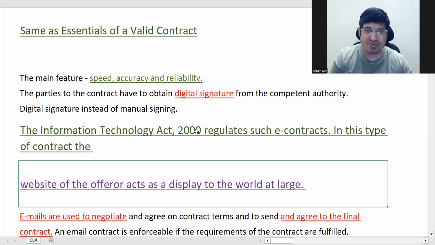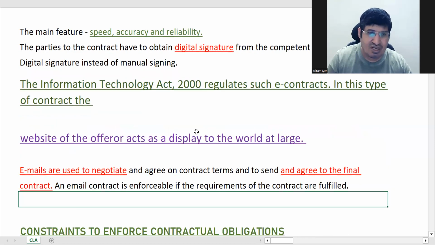In Amazon, the website is the display, and that itself is the offer. The Amazon person is not coming to you personally and saying buy this. When you open it, you see it and click on it. That means you have accepted that offer. When you pay, that means you have accepted the contract.